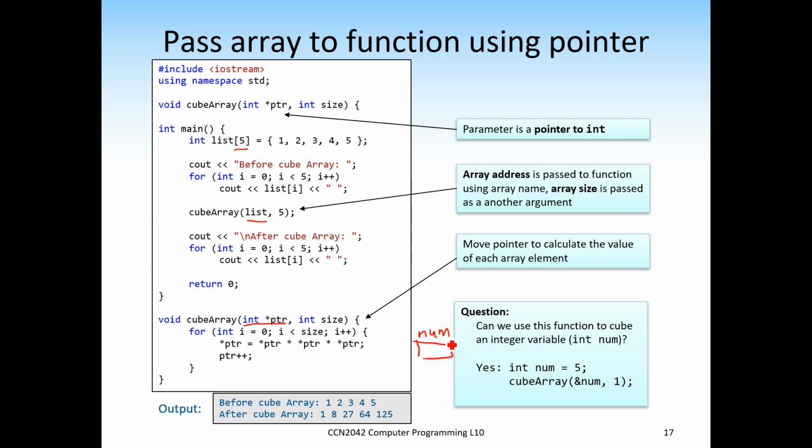And then we store 5 into there. So when we get the address, the pointer is just the address. So it means that inside the cube array, the pointer will just point to this one. Because the size is 1, it will only execute once. It will calculate 5 times 5 times 5, turn it into 125. So this one is still valid, right?